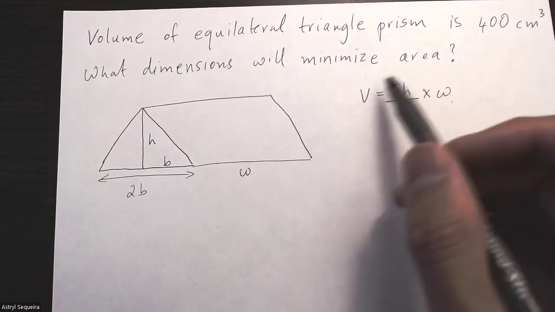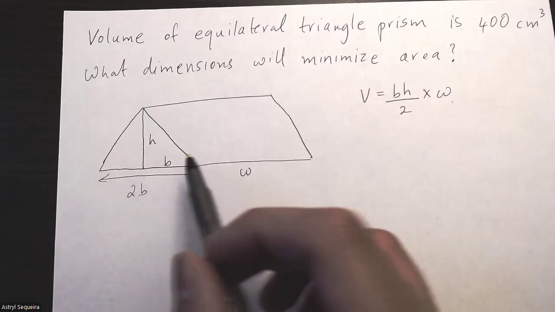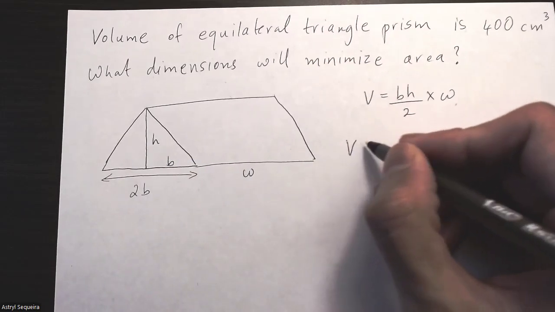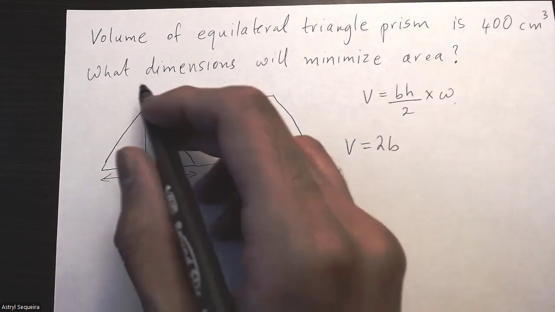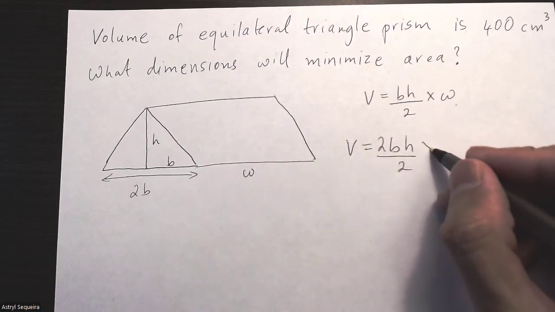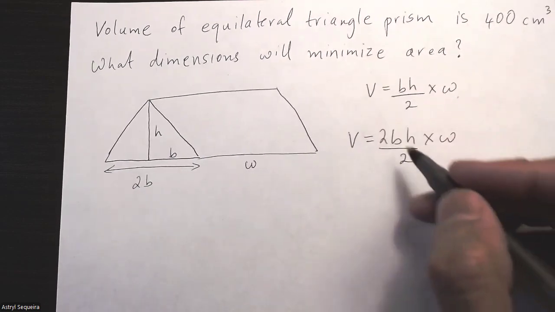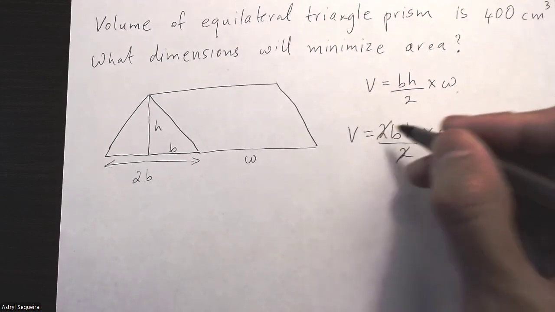I'll start by just filling out this volume formula, but I'll fill it in terms of these specific dimensions over here. So it's actually going to be the base is 2b, height is still h, divided by 2, and width is still w. And then we can just simplify this. So these twos can cancel.